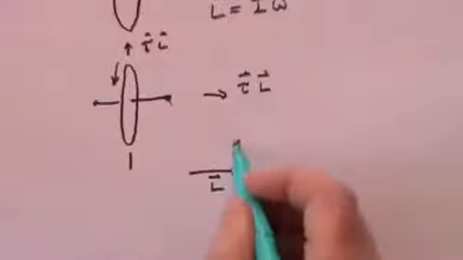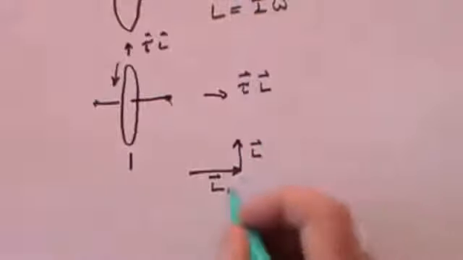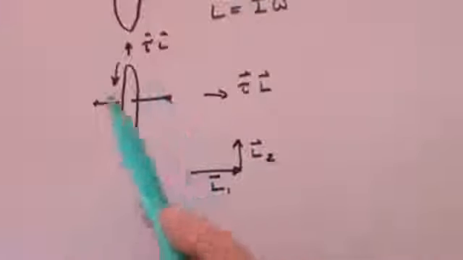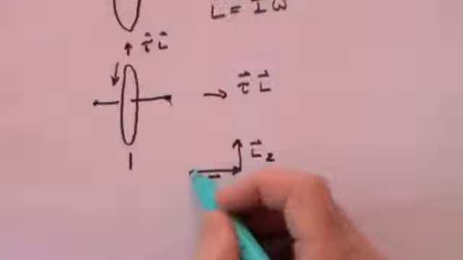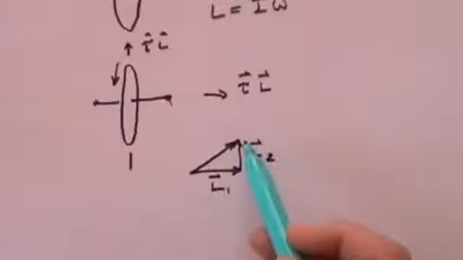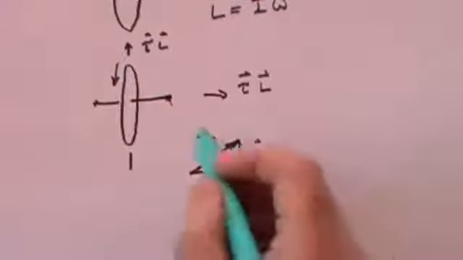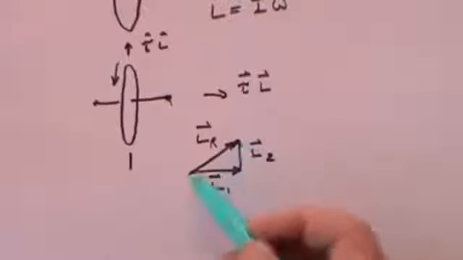And here we've got an angular momentum vector, that's this one. Call this L1, call this L2. That is due to me trying to spin the entire system about an axis in this direction. And the resultant vector is just joining the tail of the first with the tip of the second. And so this we can call LR, the resultant angular momentum vector, which is pointing in this direction.